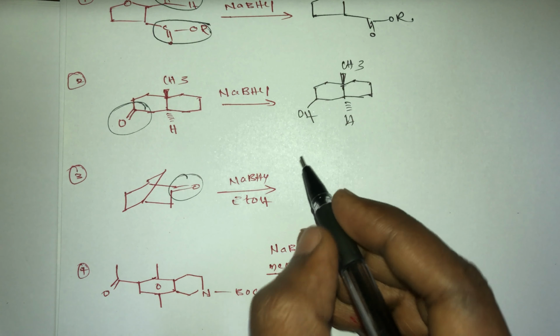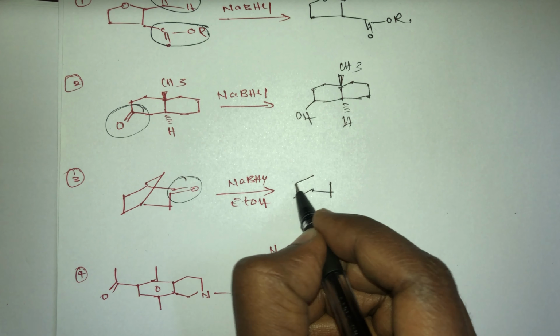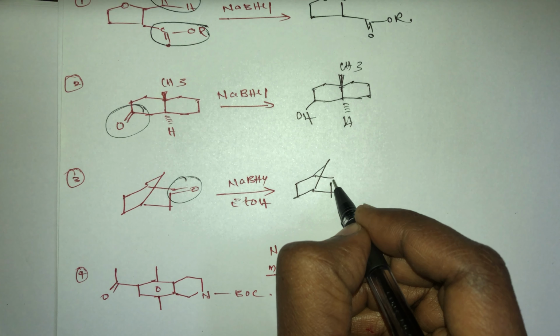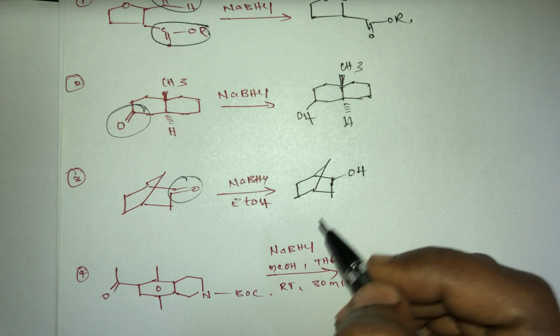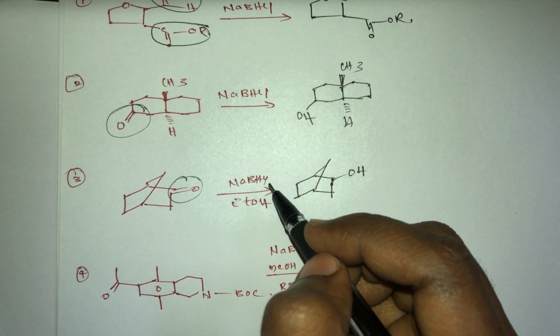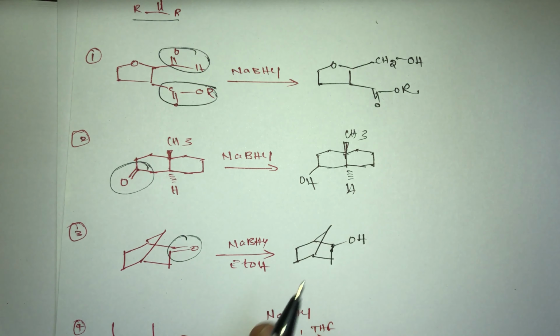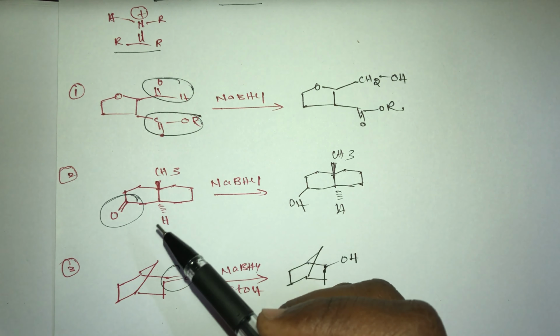Next reaction. It's very simple once you understand reagent chemistry. If you are using any reagent, which group will react? So why are we using sodium borohydride, and why not lithium aluminum hydride?